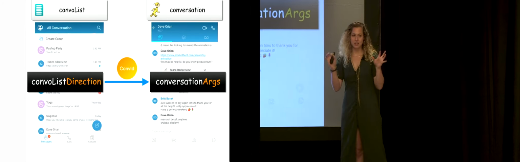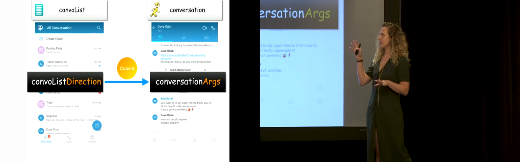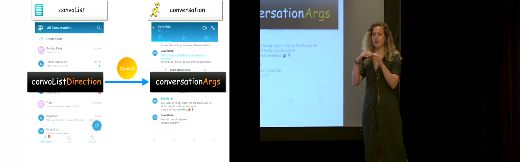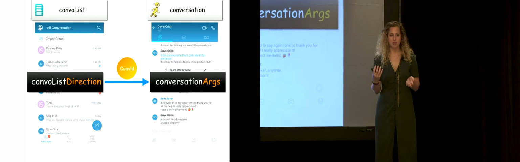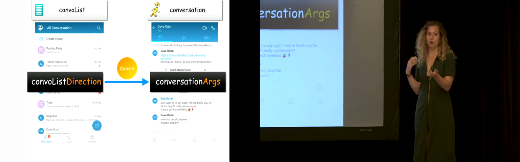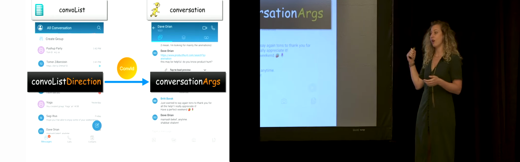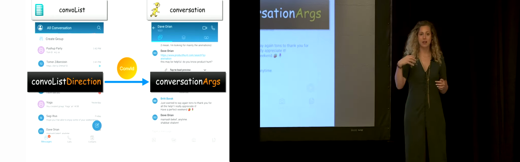The way to get to this object is that the conversation list is going to have a conversation list directions. This is the object that we will use in order to pass the data somewhere. And the destination, the conversation, would have a conversation args component object generated for you.